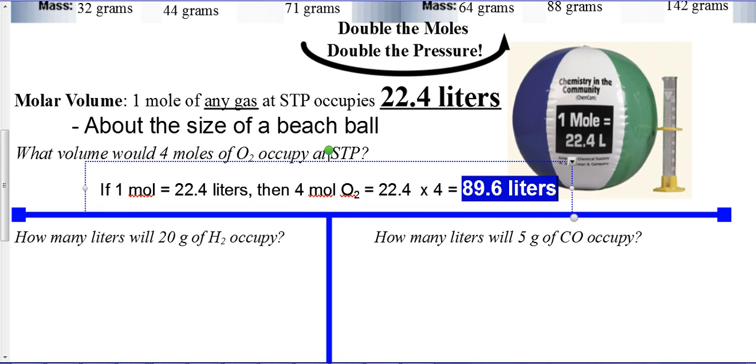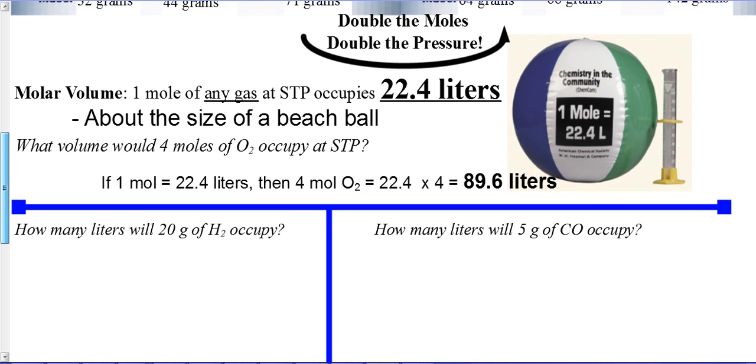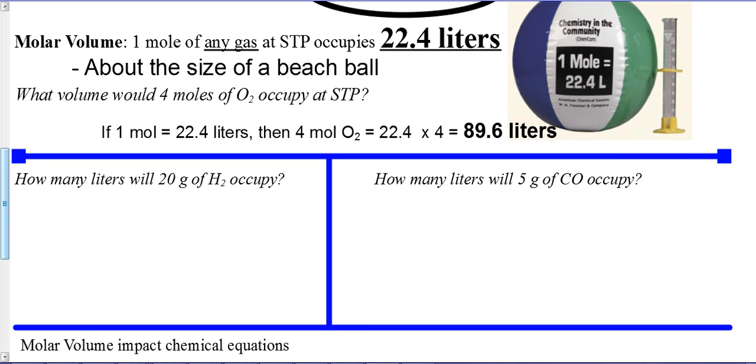Okay, so that's pretty basic. Okay, so these are a little bit more challenging down below. How many liters will 20 grams of hydrogen gas occupy? So I'm giving you grams, I'm not giving you the moles. So we need to get it into moles first, and then we have to multiply the number of moles by 22.4 liters.